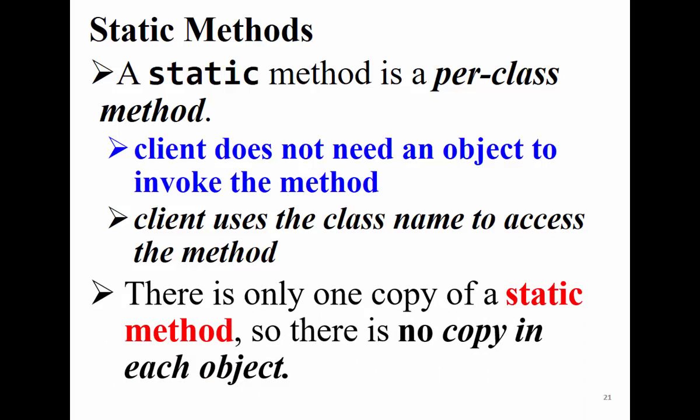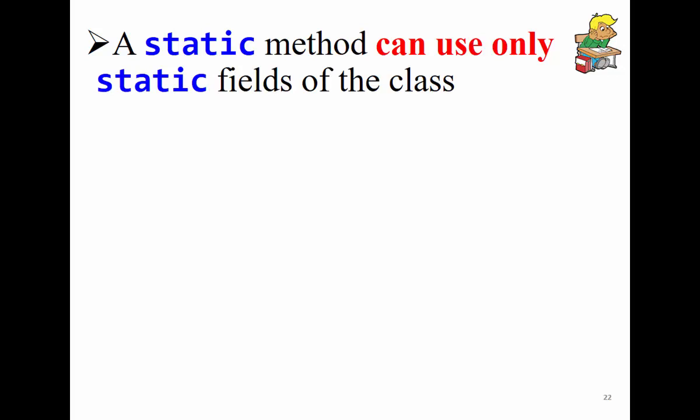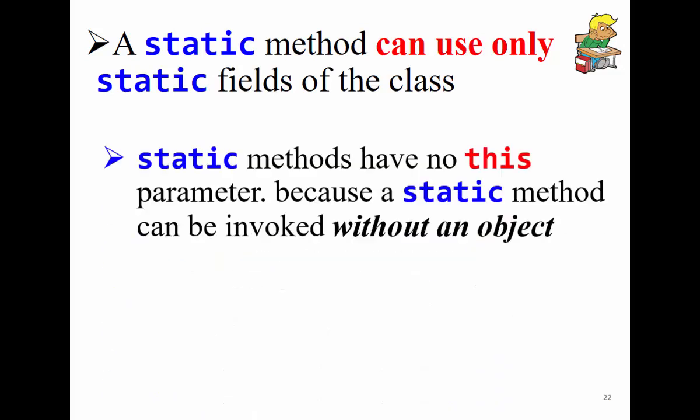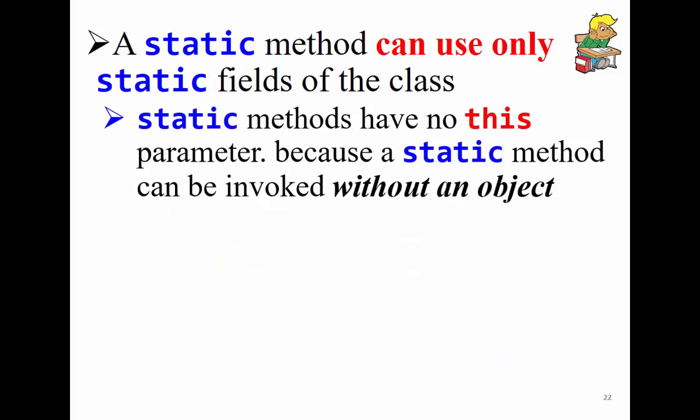And there is only one copy of the static methods, and it's shared between all the objects. This is the one that I always emphasize: a static method can use only static fields. In a static method, there is no this inside the body of the static method.